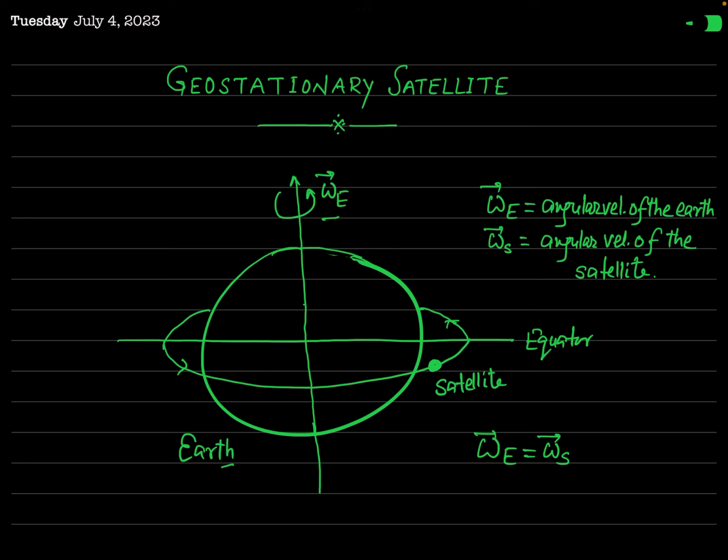This small sphere which I have marked here represents the satellite, and its orbit is circular, in the equatorial plane of the earth, and its angular velocity is omega s. Now if this omega e and omega s are both equal in magnitude and direction, then you will see that the satellite will always appear stationary to an observer standing on the surface of the earth.